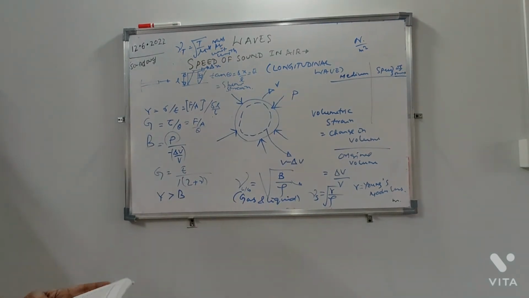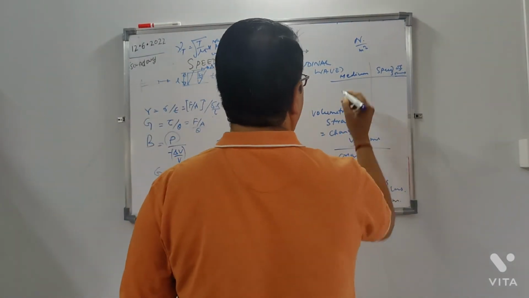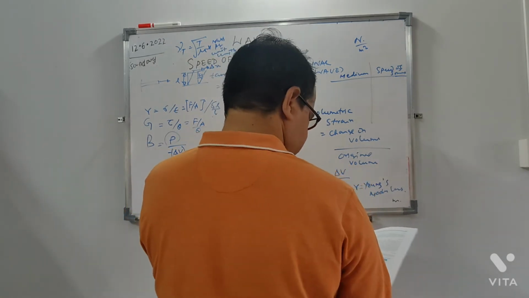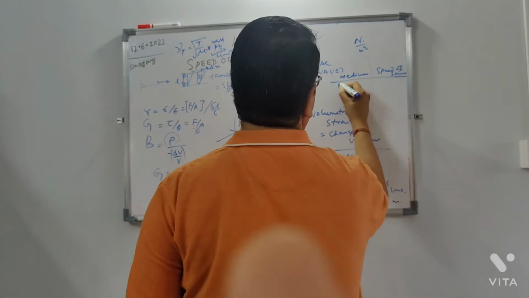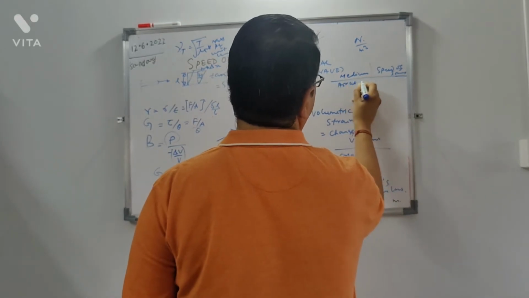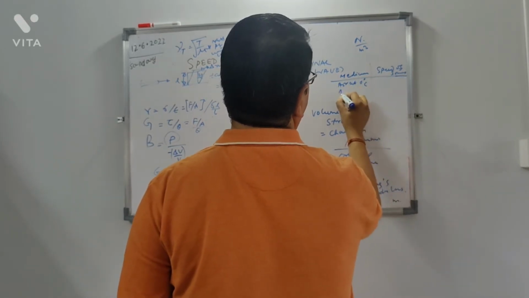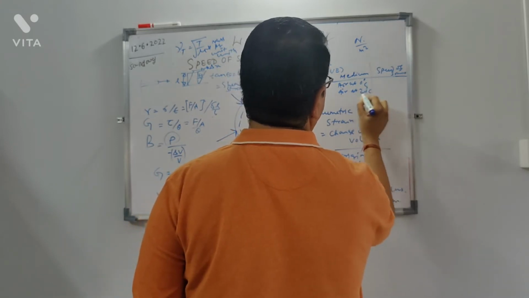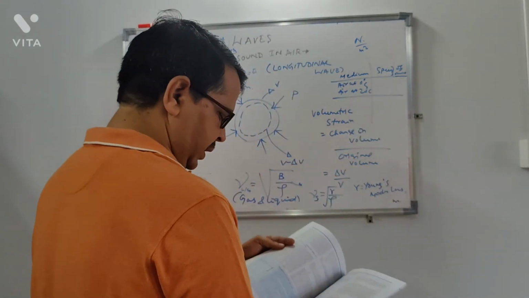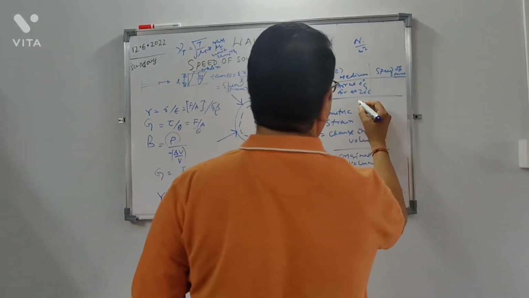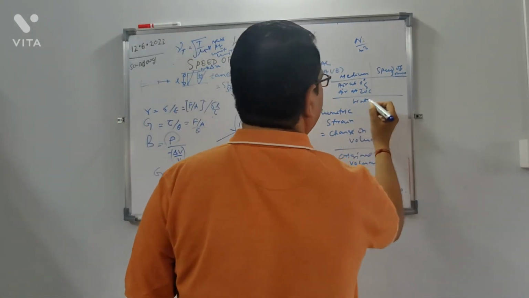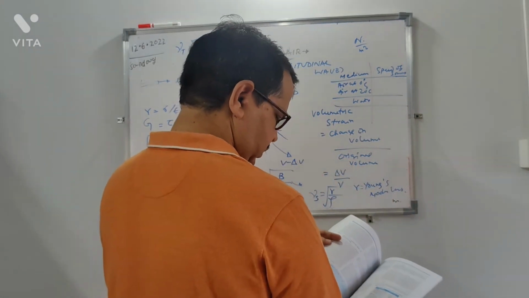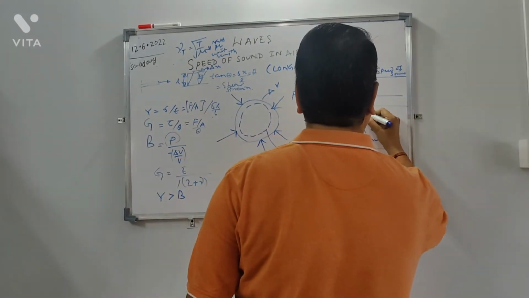Now, let me write gas: air at 0 degree and air at 20 degree. Then water, then steel.